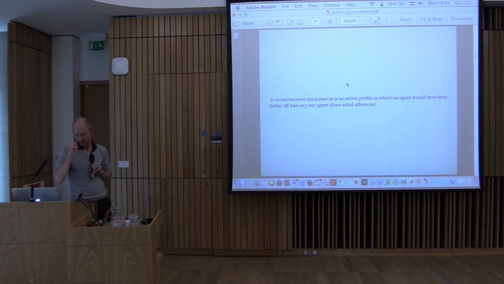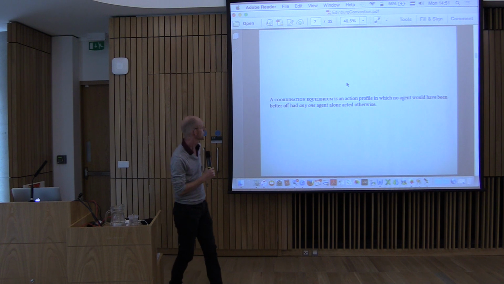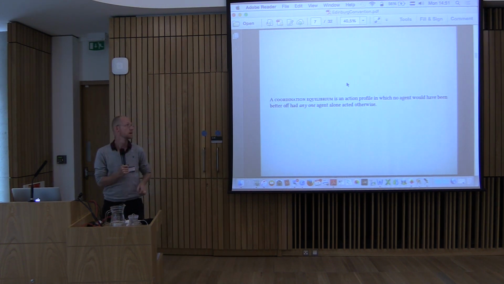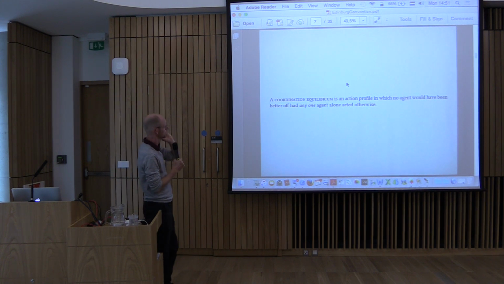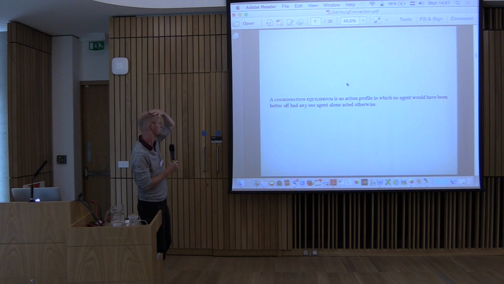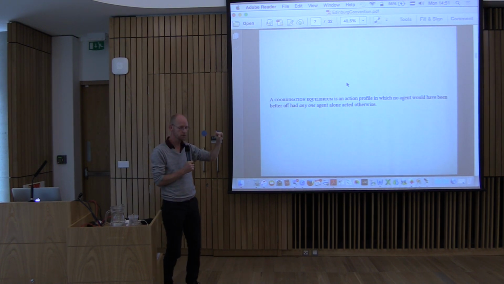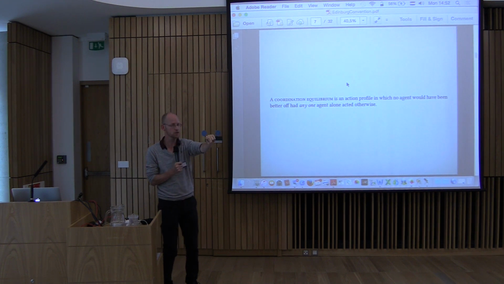Okay. And David Lewis proposes that what we should go for is a stronger notion of equilibrium, namely a coordination equilibrium. And that's an action profile in which no agent would have been better off. So a Nash equilibrium is that no agent has any reason to deviate from the strategic profile that we're considering.